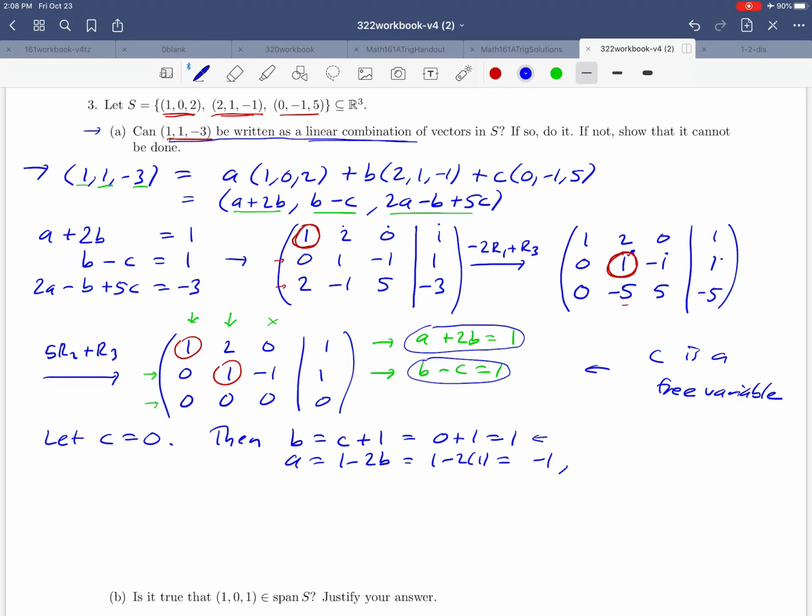Going way back to the first equation that we started with, we now know that 1, 1, negative 3 can be written as A, which is negative 1 times the first vector, plus B, which is 1 times the second vector, plus C, which we chose to be 0, times the third vector.